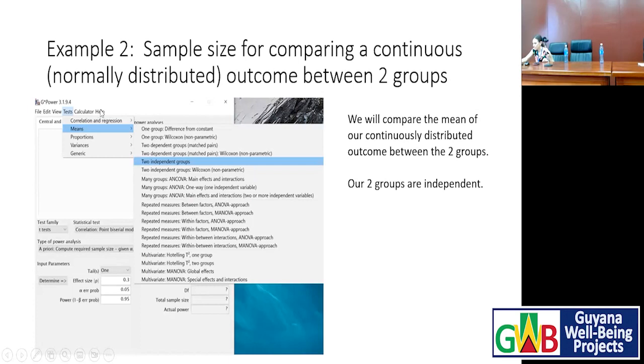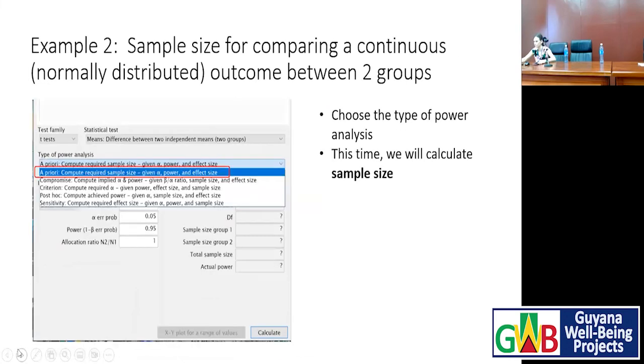Now we're going to compare means, so we've selected means. And we have two independent groups, the same as in the previous scenario. After selecting our test, we have to choose the type of power analysis, and this time we're picking sample size.